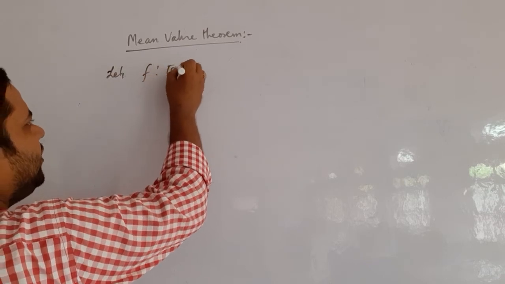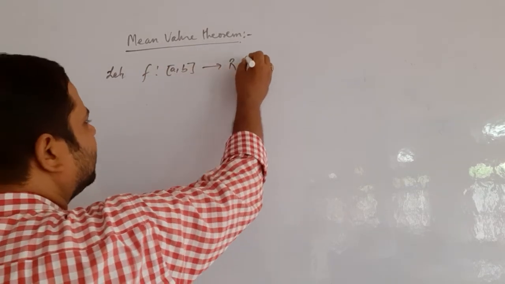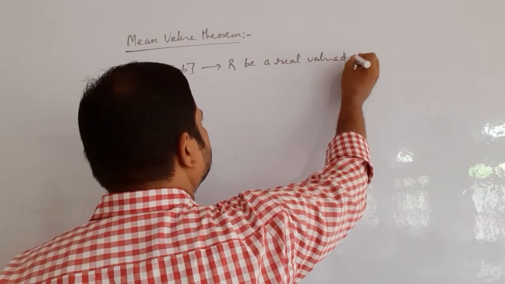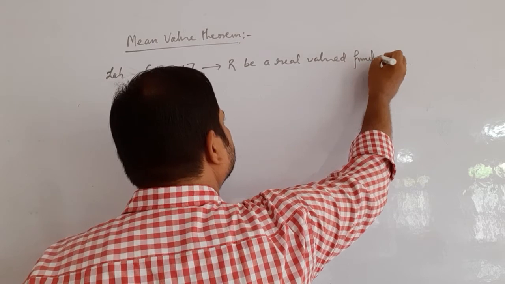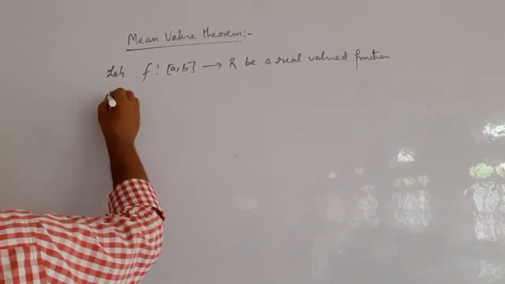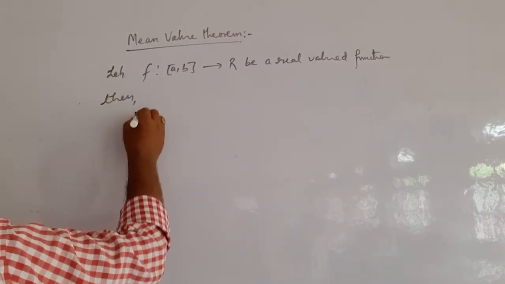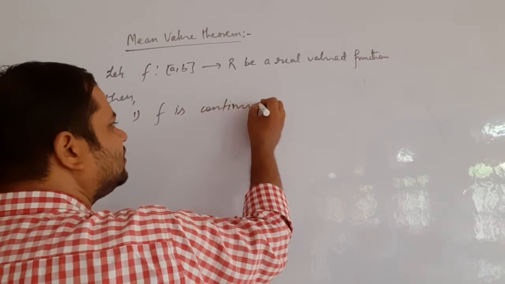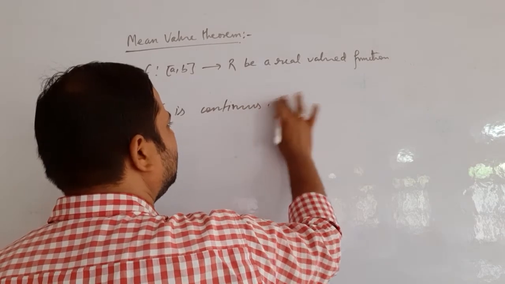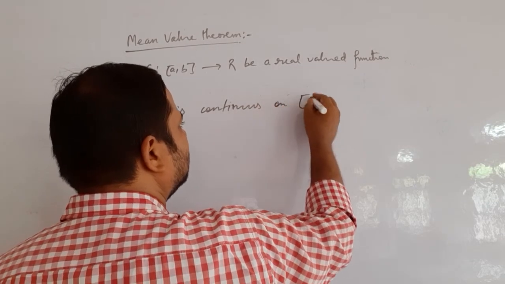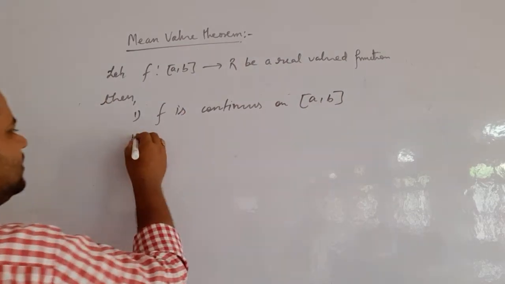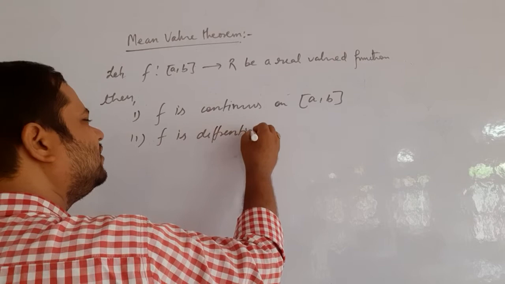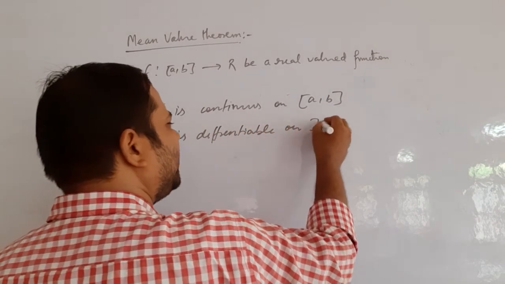Let f from [a, b] to R be a real valued function. Then first, f is continuous on closed interval [a, b]. Second, f is differentiable on open interval (a, b).